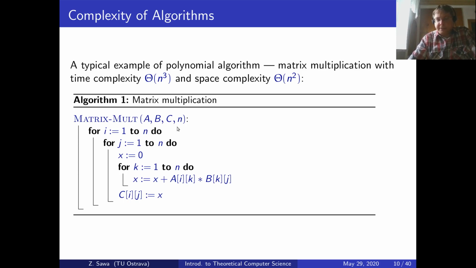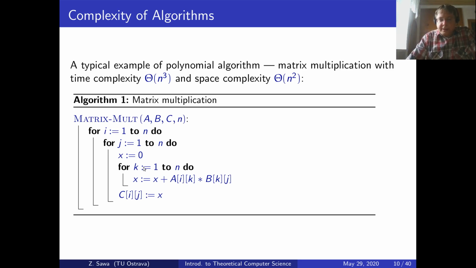Let's for simplicity consider square matrices, each of size n times n, where A and B are the matrices we want to multiply, and C will be the matrix where we will store the result of this multiplication. If we use the straightforward algorithm that computes this resulting matrix, it basically consists of 3 loops, each of them going from 1 to n, assuming that indexes of rows and columns in these matrices go from 1 to n.